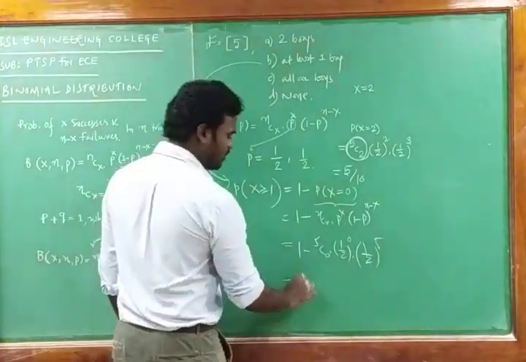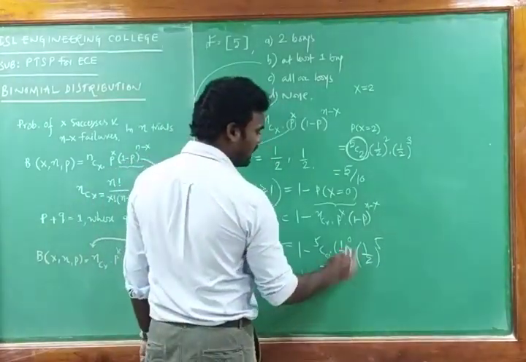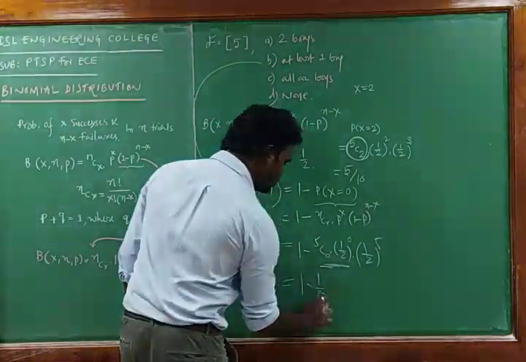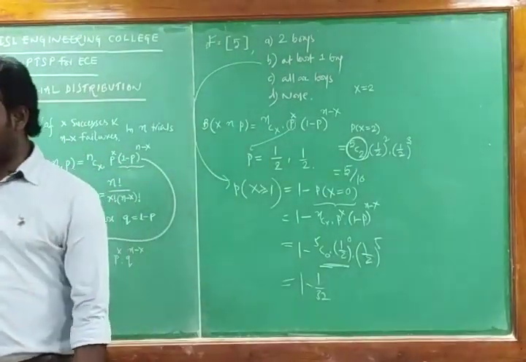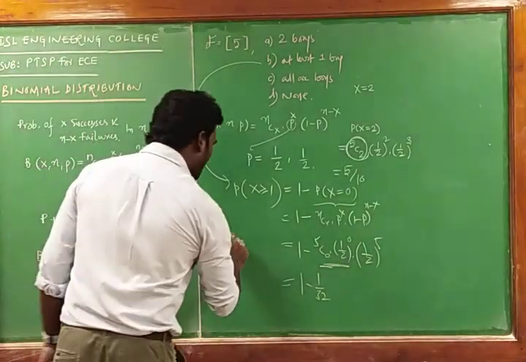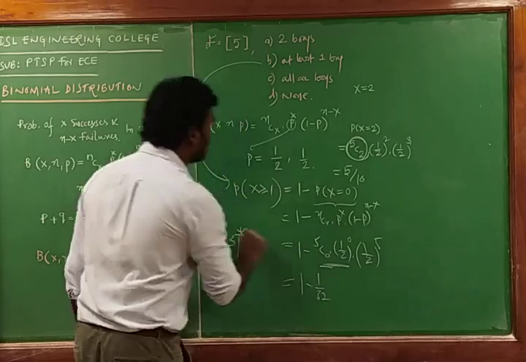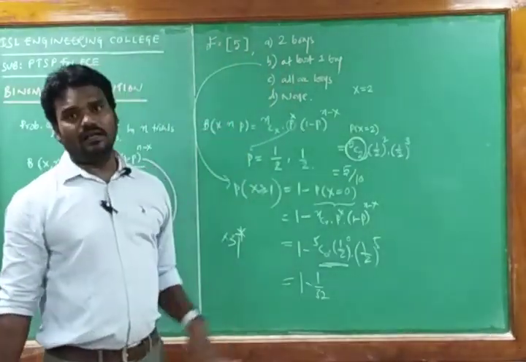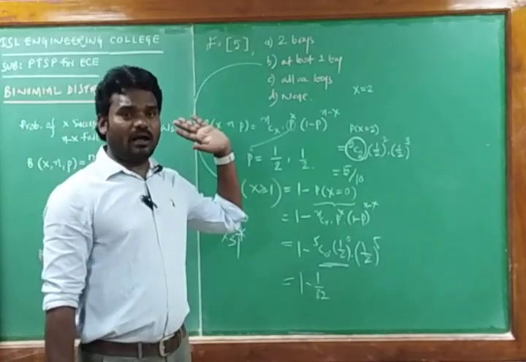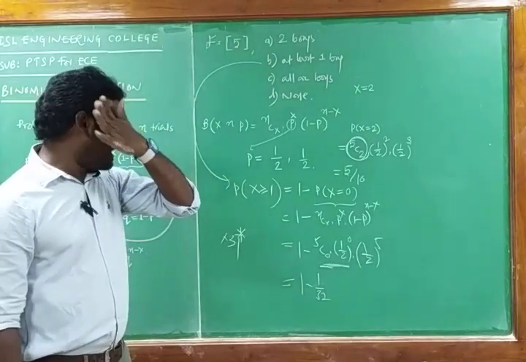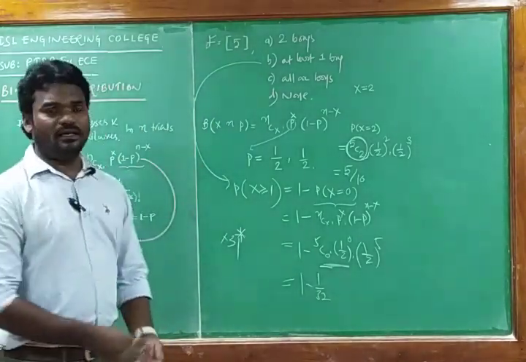That means 1 minus, and this is 1 only, 1 by 2 to the power of 5, that is 1 by 32. You can get the answer, this one is about 31 by 32. That means the possibility of getting at least one boy out of the 5 children is about 31 by 32.